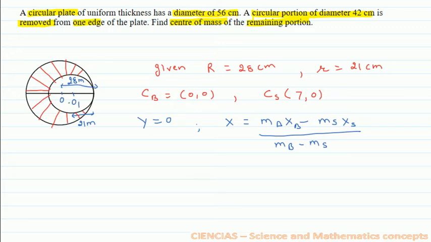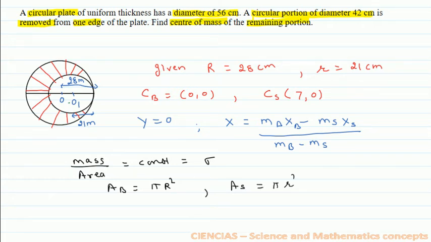But we are not given the mass. So since mass is not given to us, mass per unit area is taken to be constant, say that is equal to sigma. So area of big plate is equal to pi capital R square, and area of small plate is equal to pi into small r square.